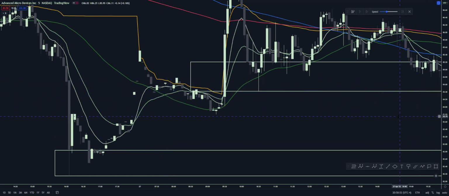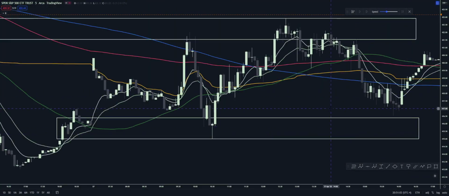I was thinking the bottom wick on the 10-minute, the 10:20 a.m. candle, created the zone in this.